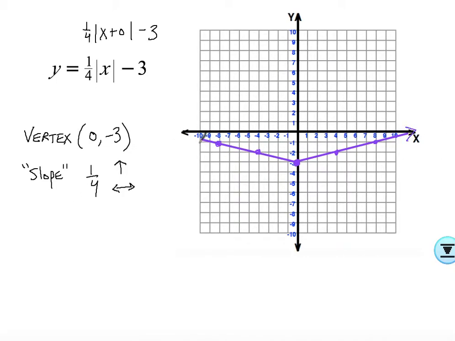Then put your arrows on the ends. So this is positive, which means it's going to open up.